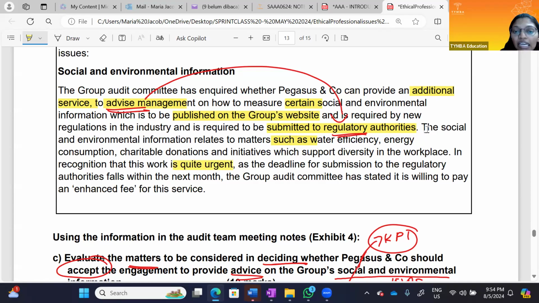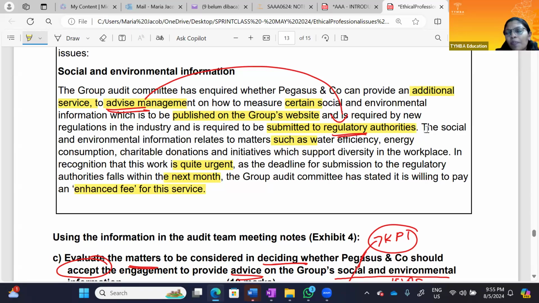So in recognition that this work is quite urgent, I want to discuss whether I can meet the deadline or not, as the deadline for submission to the regulatory authorities falls within the next month. The audit committee has stated it is willing to pay an enhanced fee for this service. Enhanced fee means they are going to be paying me more.